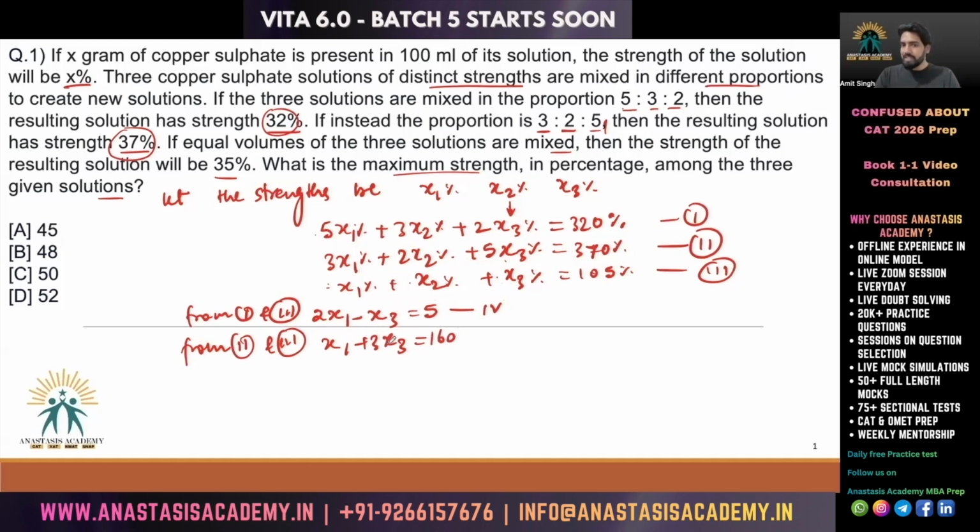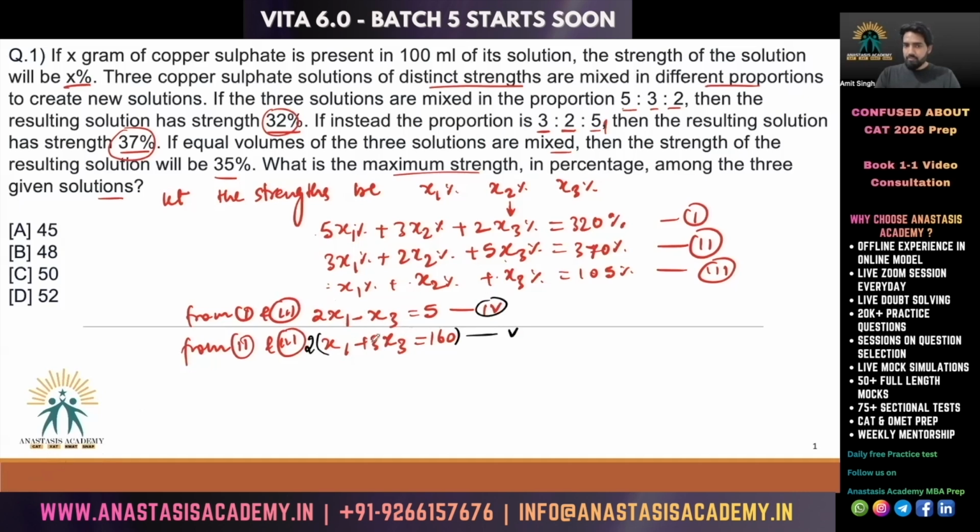So I got two equations. Now I need the value of x3 here. What I need to do is eliminate x1. So this is my fifth equation. I'm multiplying this equation by 2 to get rid of this x1, and subtracting equation 4 from equation 5.